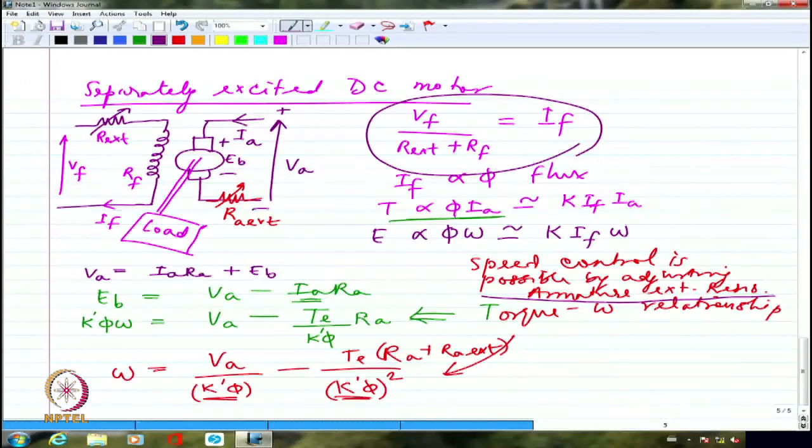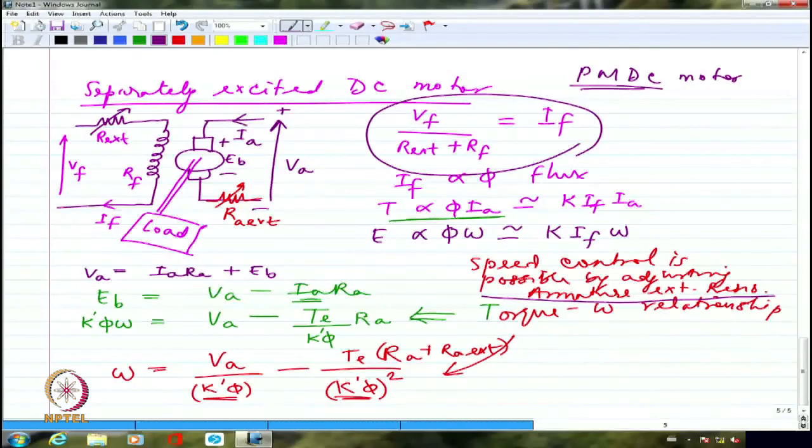In which case, I will also avoid IF square RF losses. There will not be any IF square RF losses. That is the major advantage. So permanent magnet DC motor and separately excited DC motor both behave the same way. There is hardly any difference, except that in a separately excited DC motor I can adjust the excitation, while in a permanent magnet DC motor I can't.